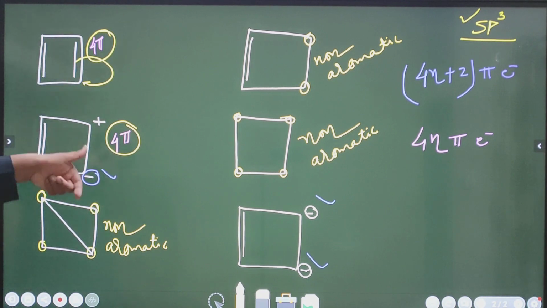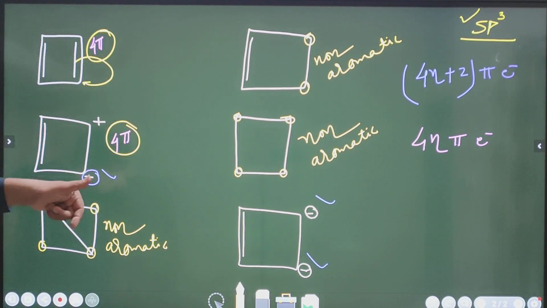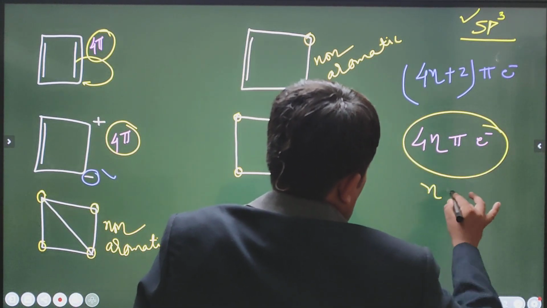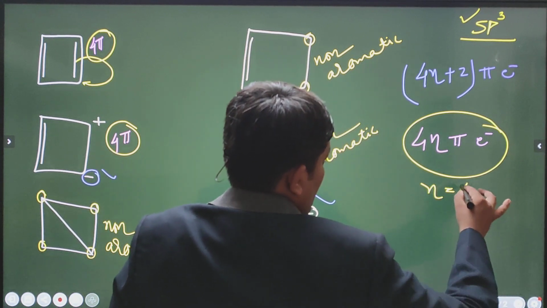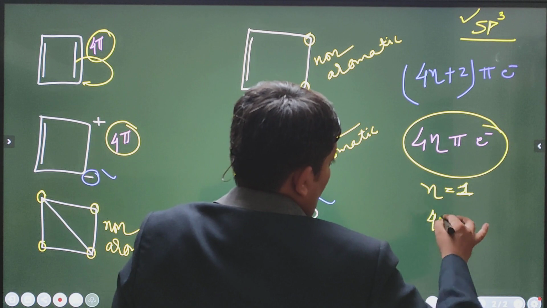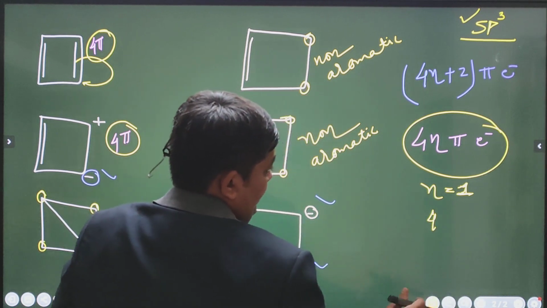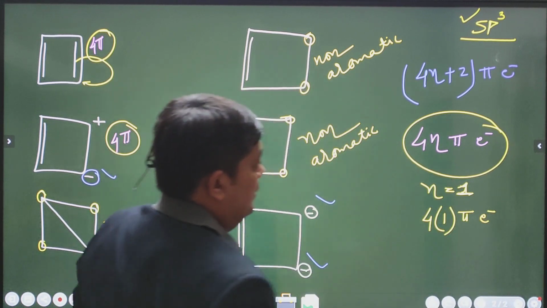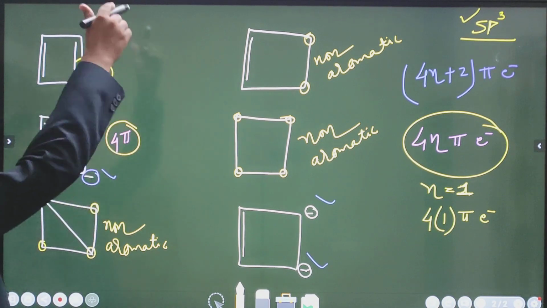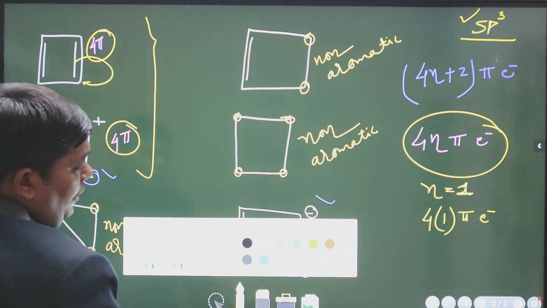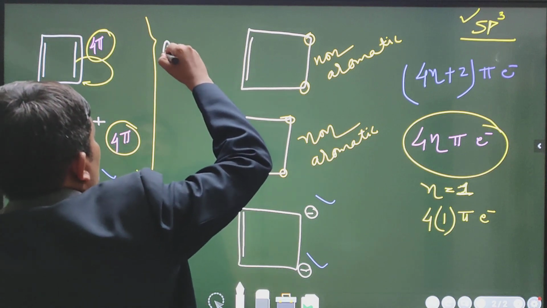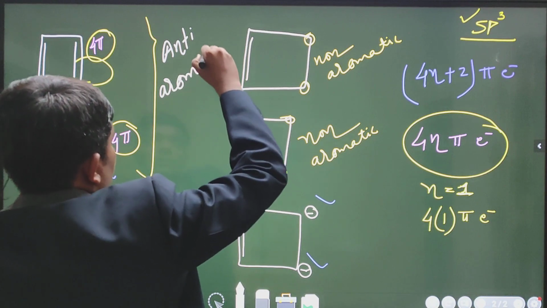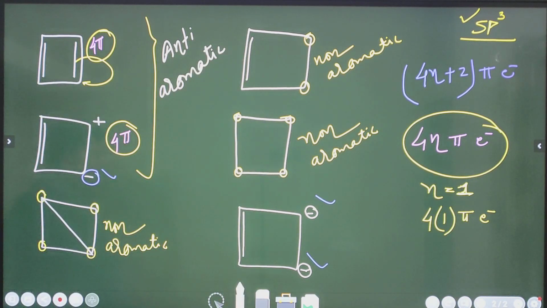And if the number of pi electrons remains the same, 4 pi electrons, then remember very well, n is equal to 1 will lead me to the answer 4 into 1 pi. And therefore, I'll end up writing these 2 structures as anti-aromatic.